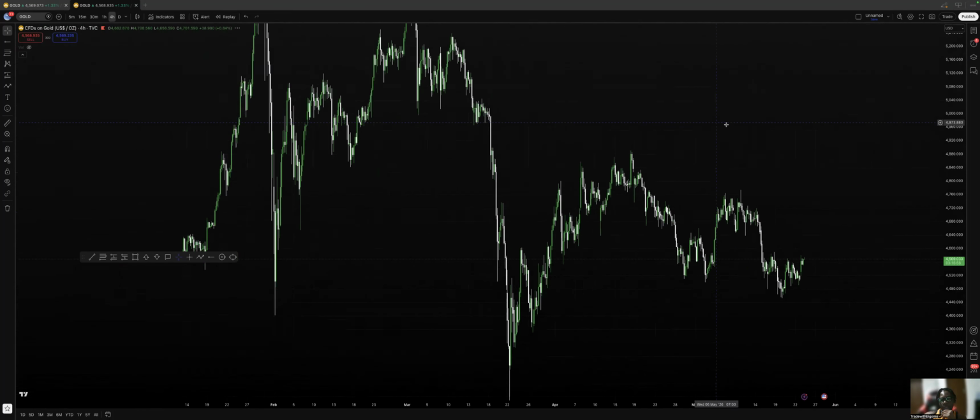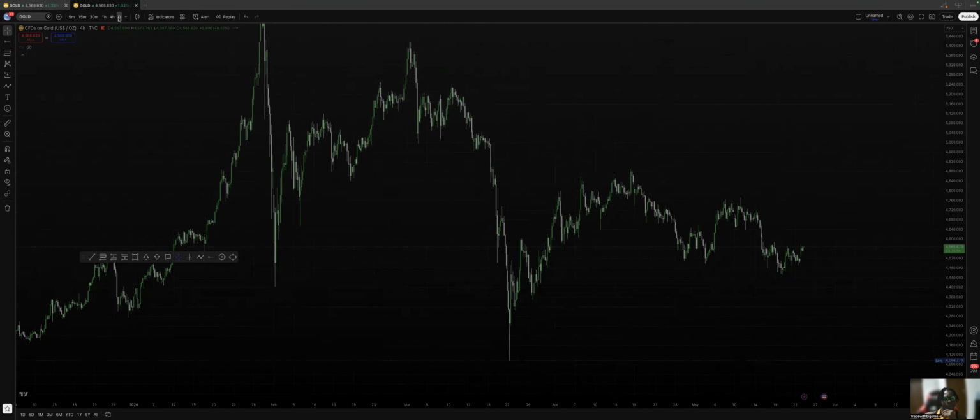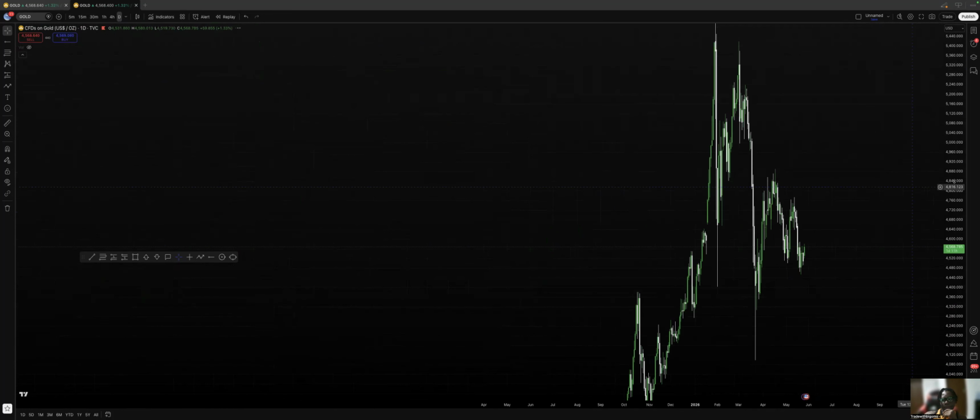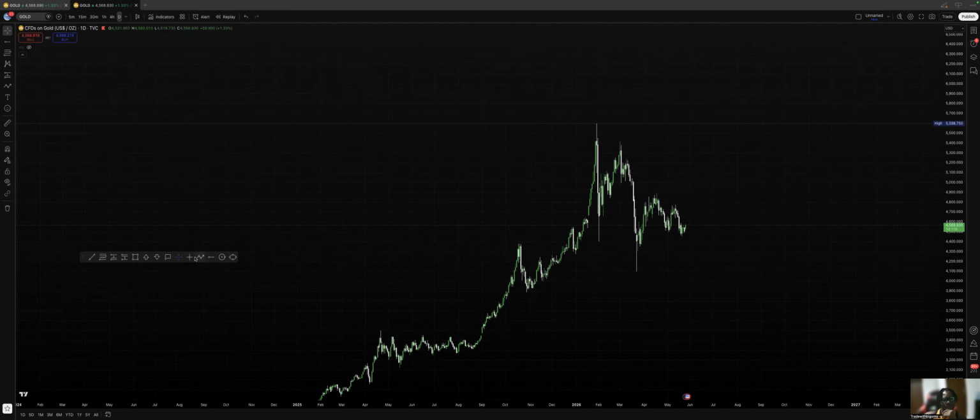we can see that currently gold is still on the bearish trend on the higher time frame. If you want to check it on the daily time frame, you can see that gold is still on a massive bearish trend on the daily time frame. You can see the trend line still aligned with everything.